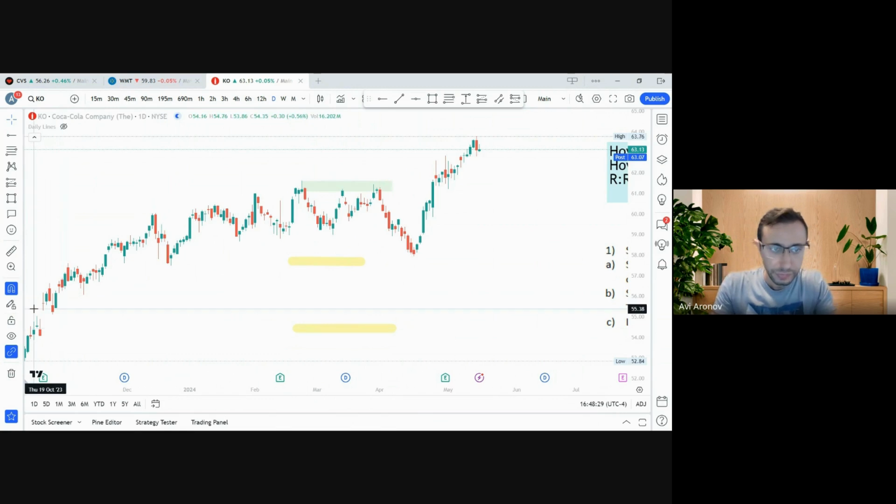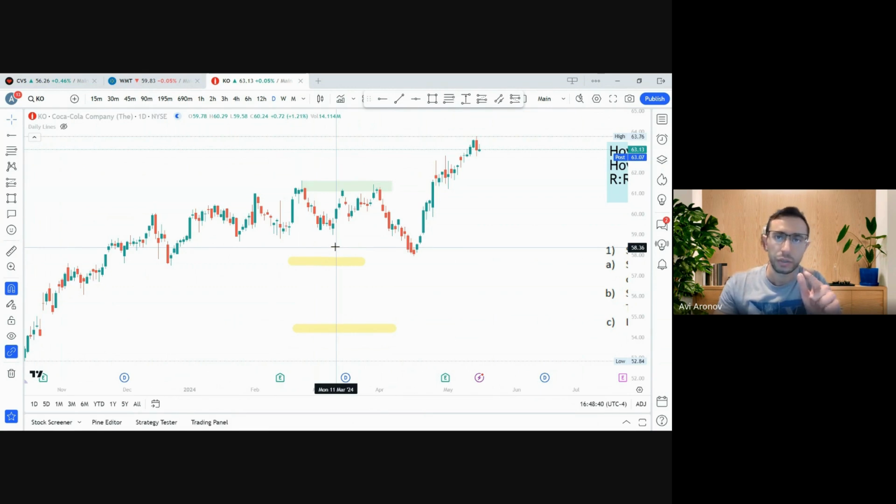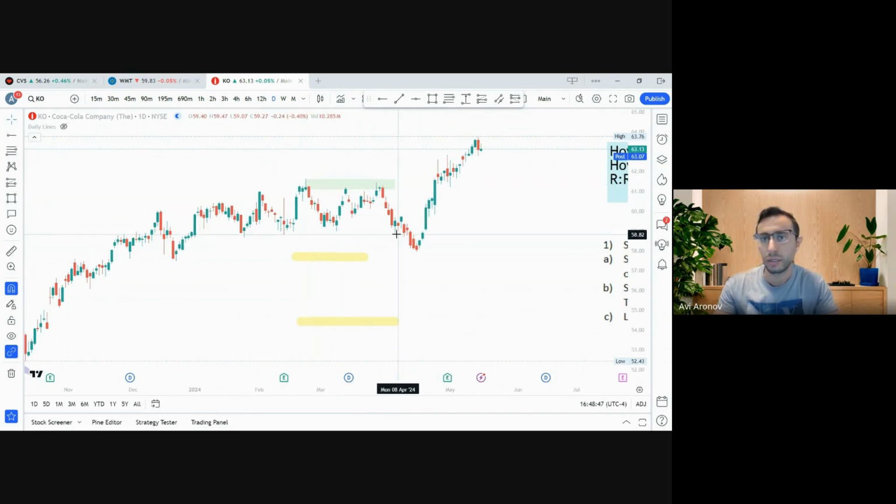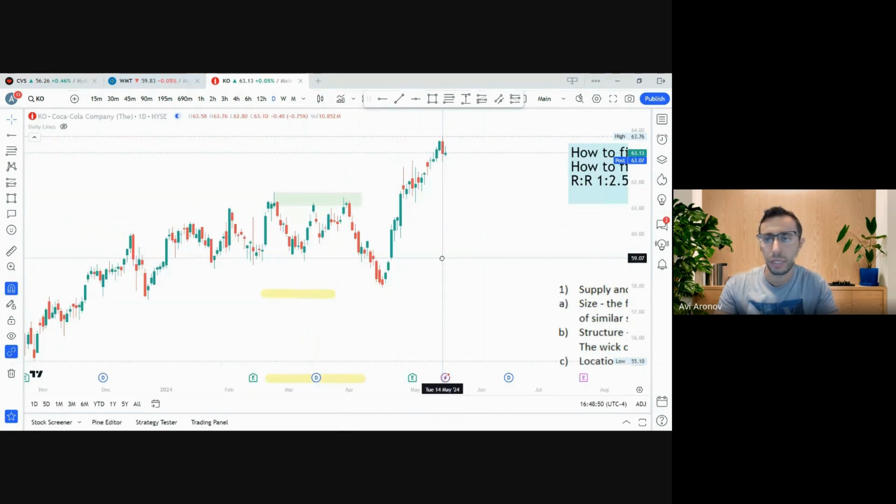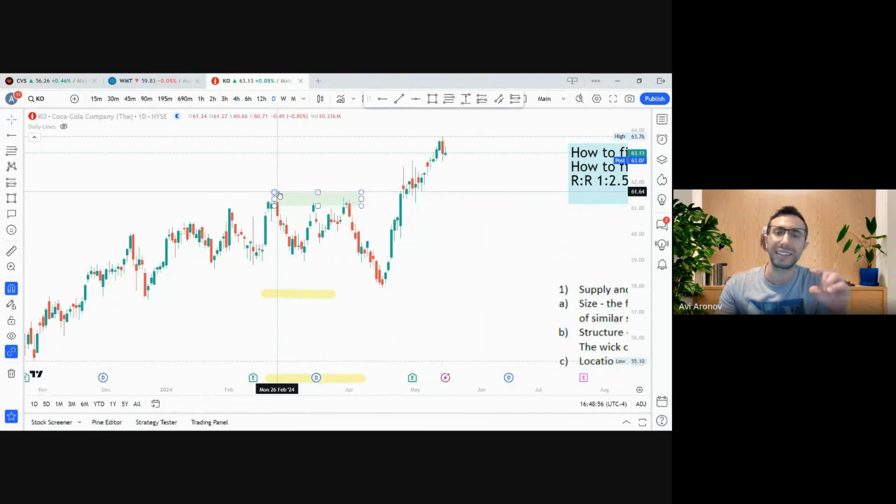But what happened? Here it went up and then went down, and the move down worked phenomenally. So what is the structure here? Let's talk for a moment about the location, which is at the top, at a change of direction. So it's a change of direction, the size of the baseline, and then the structure, which also includes the size of the next candle.